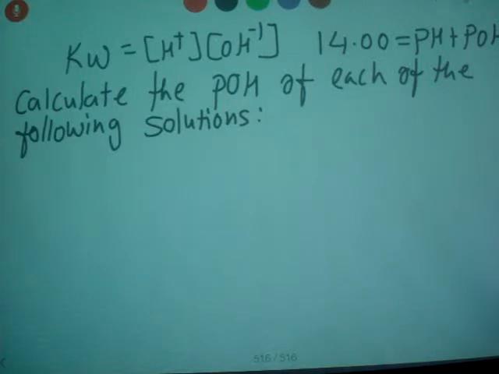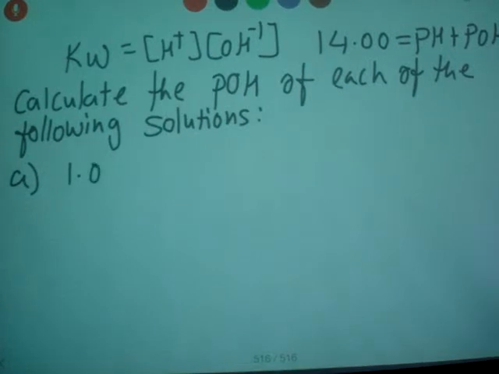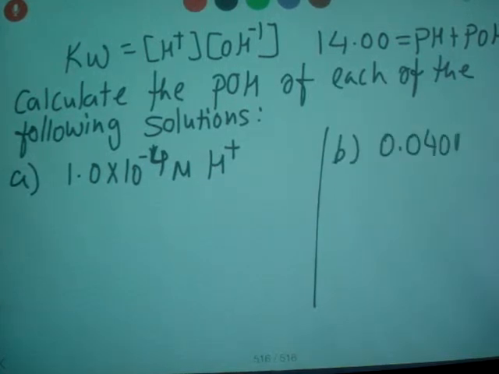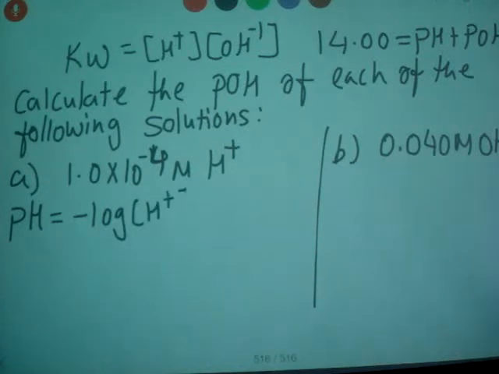So we are given 1.0 times 10 to minus 4 molar H plus, and 0.040 molar OH minus. Now, we know that pH equals minus log H plus ion concentration.